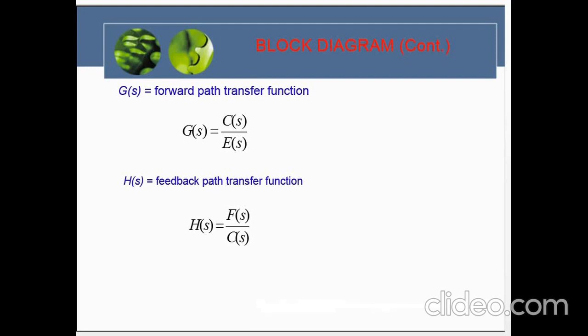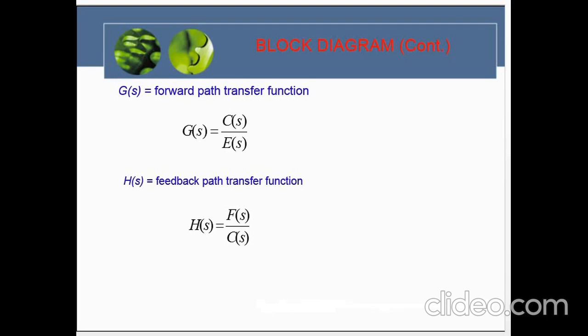G(s) is the forward path transfer function or forward gain. G(s) is C(s) per E(s), and H(s) we call the feedback path transfer function or feedback gain. H(s) is equal to F(s) per C(s).